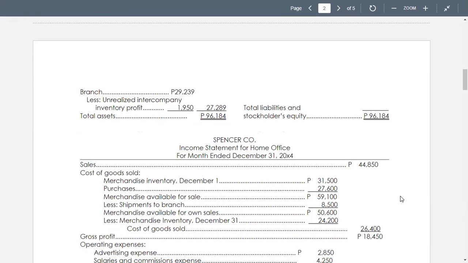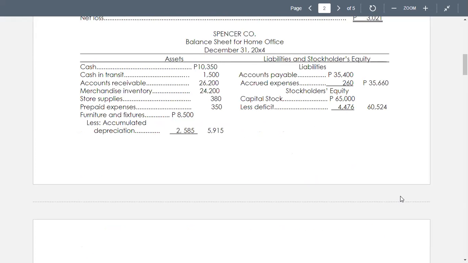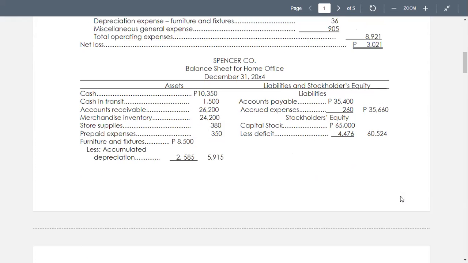We have the total assets. How about your liabilities and stockholders' equity for the home office? Accounts payable, accrued expenses, capital stock, and now the deficit. Initially, it was 6,850.